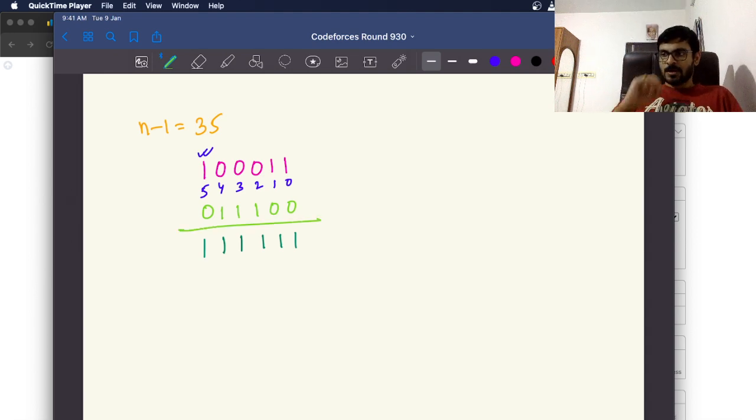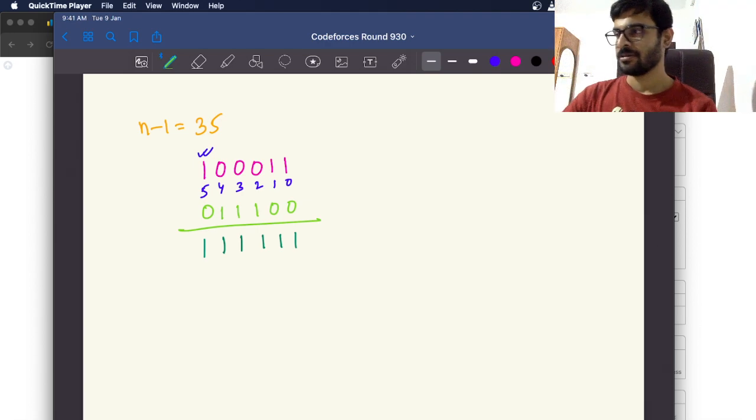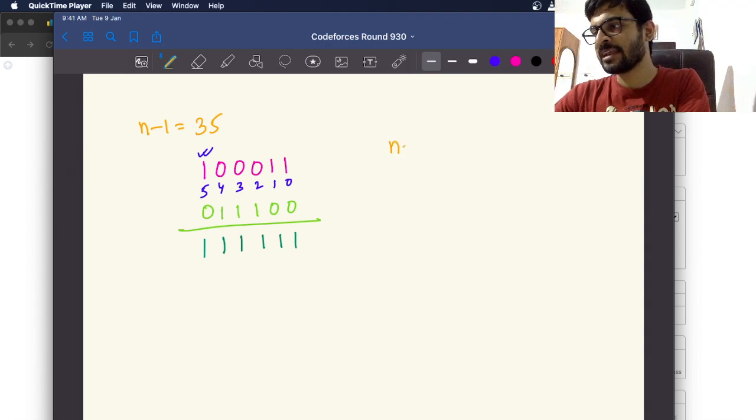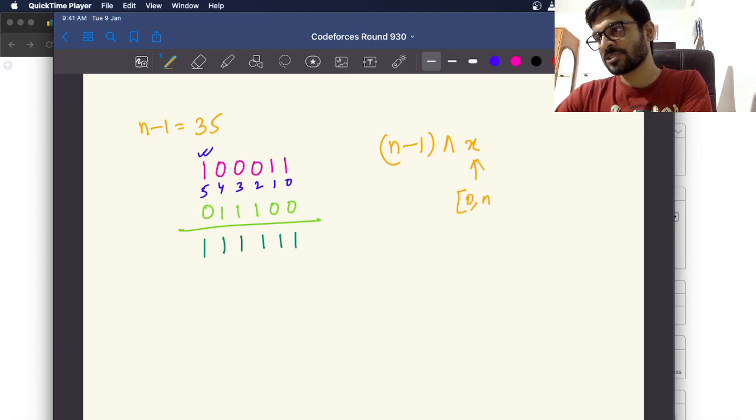Now, if you're clear about this, you know that with n-1 itself, there exists some x in the range 0 to n-1 such that the XOR will be equal to the maximum. So there exists such a number.